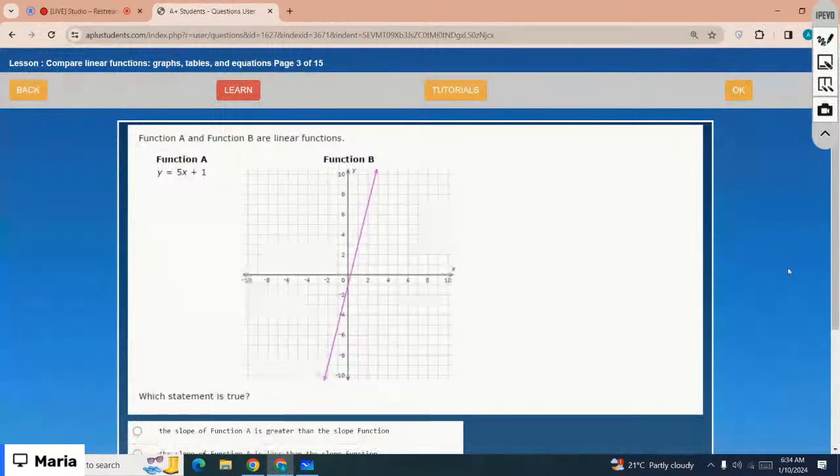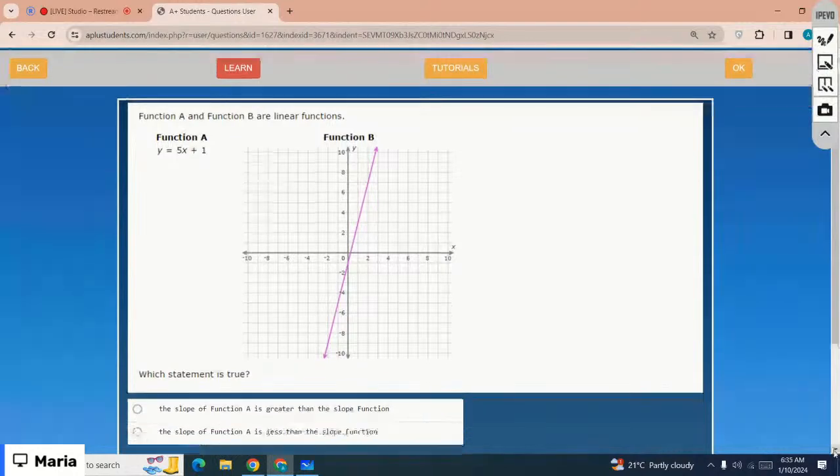Okay, now you have to tell which is the correct option, option A or option B. Just calculate the slopes for both the functions and let me know the correct option.